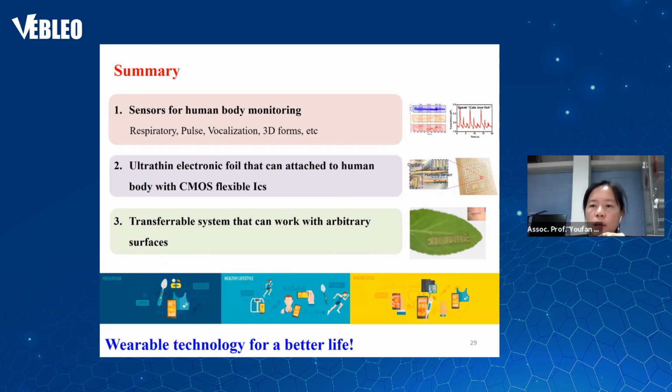And then we show that for the integrated sensor system, together with the sensor and also the flexible IC for information processing, we can construct such a system on the ultrathin electronic foil, or we can get such a transferable system, which can be directly placed on the surface of biological tissues.